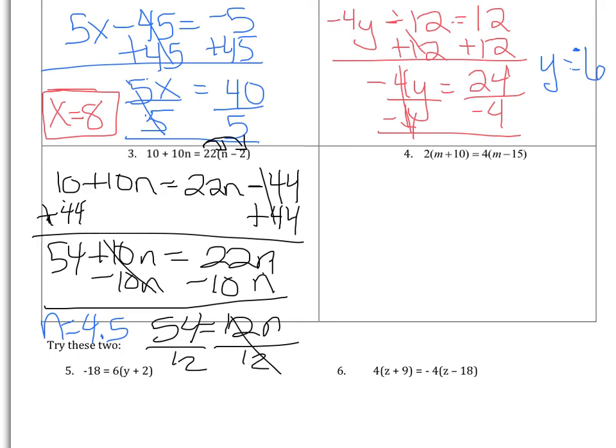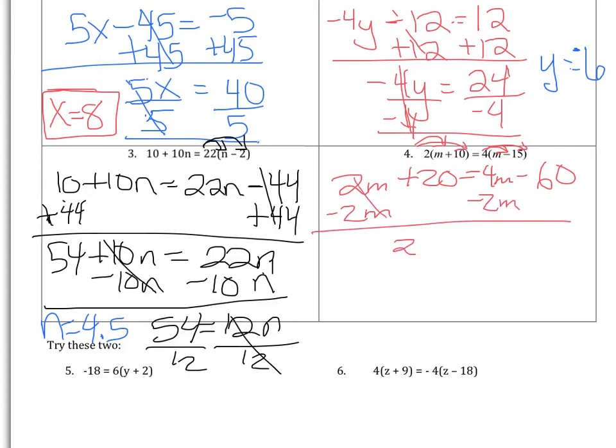And now number 4. For number 4, I'm going to distribute the 2. And I'm going to distribute the 4. So it's going to be 2m plus 20 equals 4m minus 60. To solve for m, I can choose to subtract the 2m. So I'll be left with 20 equals 2m minus 60.